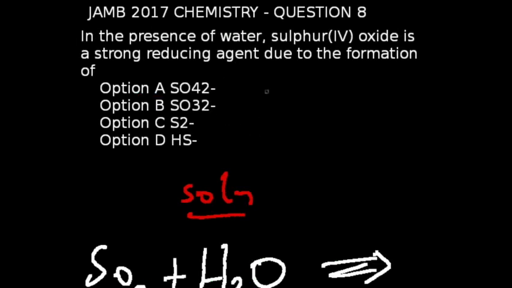In the presence of water, sulfur 4 oxide is a strong reducing agent due to the formation of. This is question number 8 of the JAMB 2017 chemistry exams. And the correct answer to this question is option B, which is SO3 2- ions.